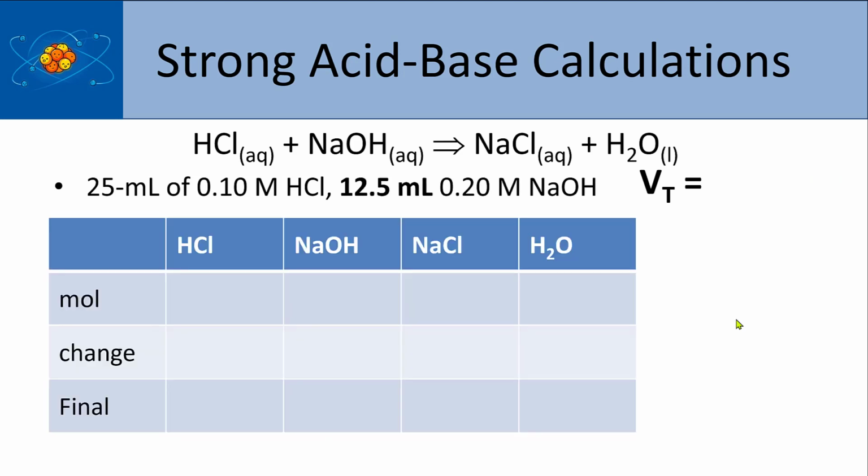Okay, so what we're going to do is the next problem, and we're going to use what's called a MICE table. And we came up with this just years ago. It's not really an ICE table because we did the calculations earlier with moles.